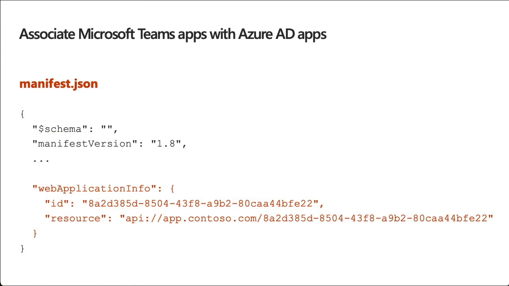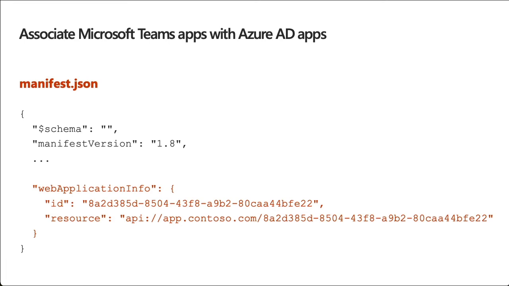Again, the first requirement is to associate the Microsoft Teams app with the Azure AD app that was created for the actual app. The Azure AD app is used to define the permissions and ensure that the app and the user have gone through the consent process prior to sending the notifications. This association is defined inside of the Microsoft Teams app manifest file, and you can see that here.